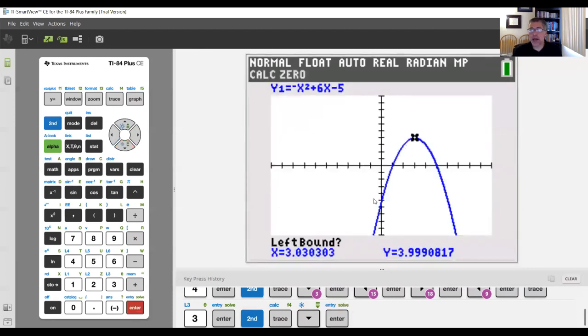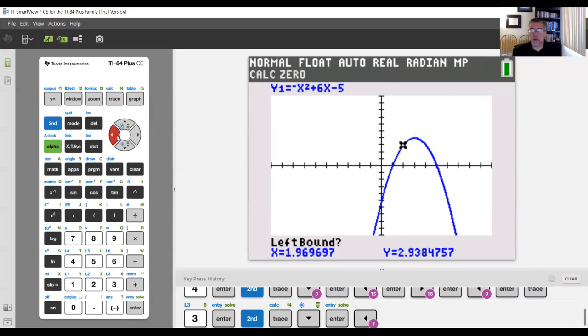I'm going to do the exact same thing I did last time, which was to go to the left of where I think that x-intercept is. I'm going to scroll over to where I think I'm on the left of it and hit enter.